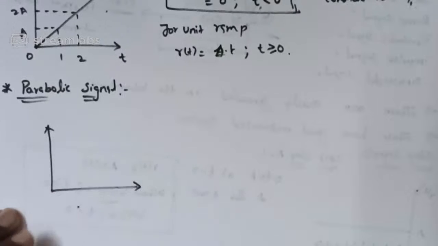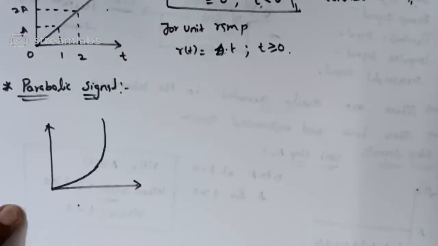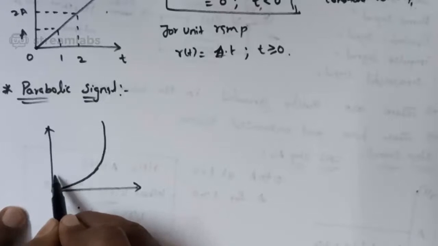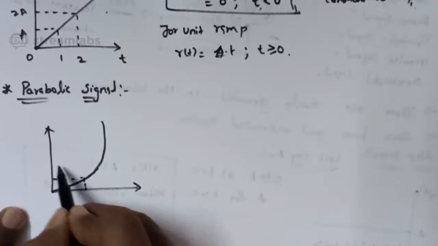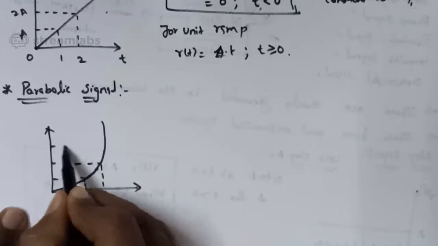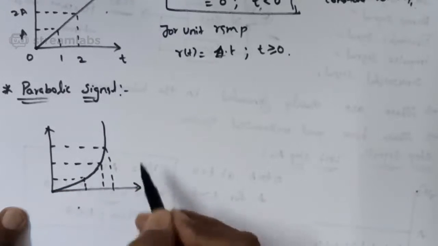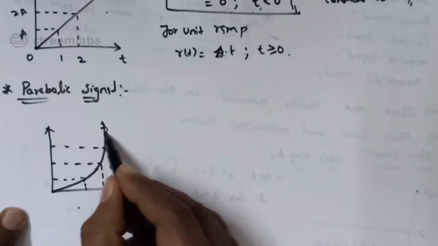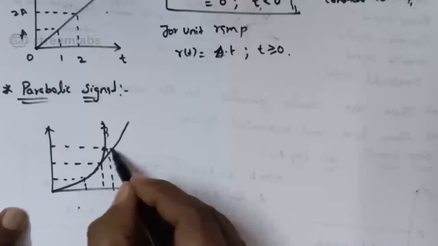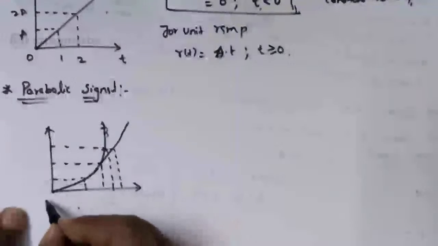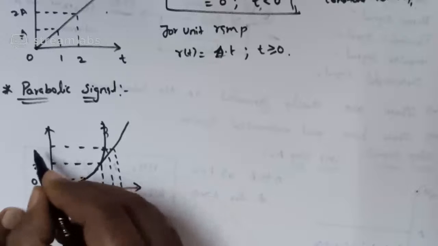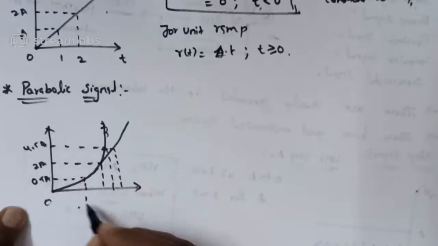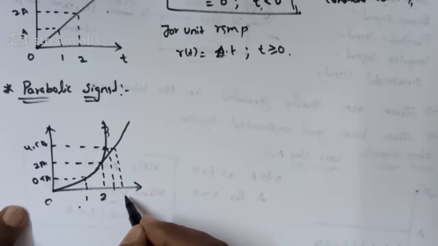This is a parabolic signal, the instantaneous value is important. So we're going to know about zero, 0.5 amps, 2 amps, 4.5 amps at times 1, 2, 3.